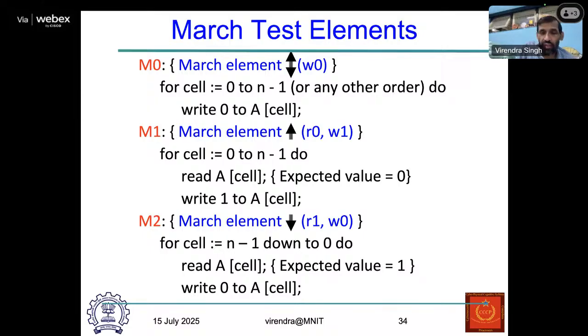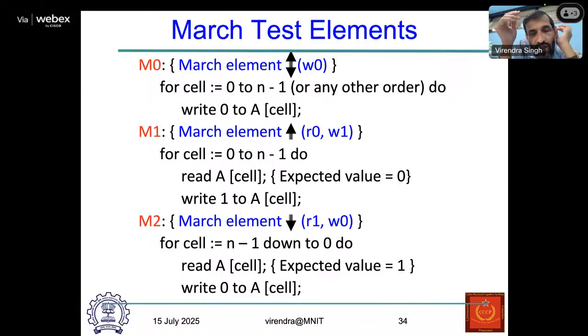So now in this case, first forget about this W0. Now I am doing three marches. One march in any order, 0 to n minus 1 or n minus 1 to 0, wherein I am doing one operation, writing 0 everywhere. The second march I am doing in increasing order of address, though it is not important to do in increasing order, but marches M1 and M2 should be in reverse order.